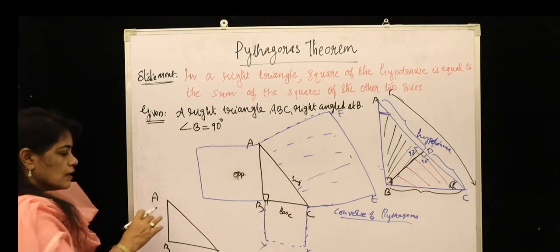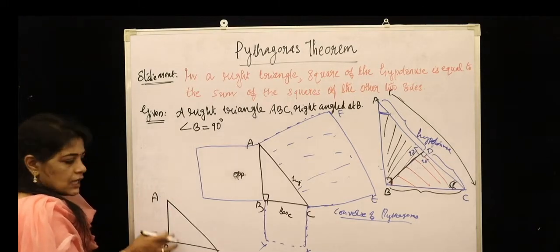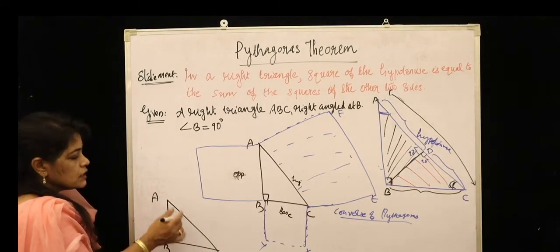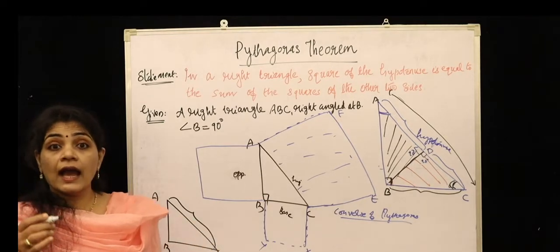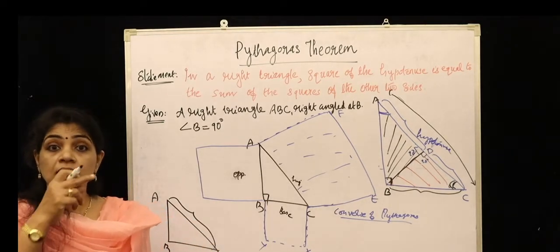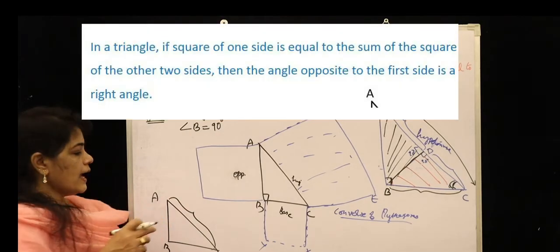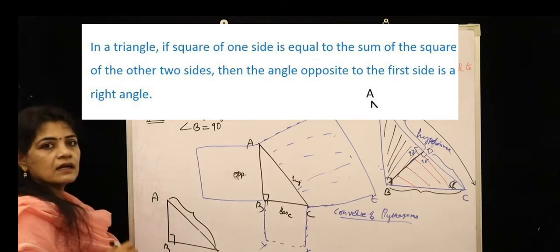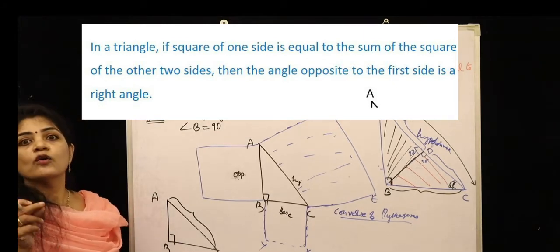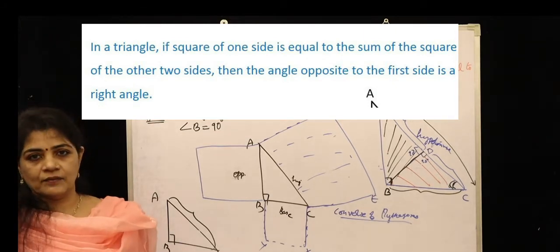I am taking the sum of the squares of these two sides. If this is equal to the square of the third side, then the angle opposite to the third side is a right angle. That is the converse of Pythagoras theorem.